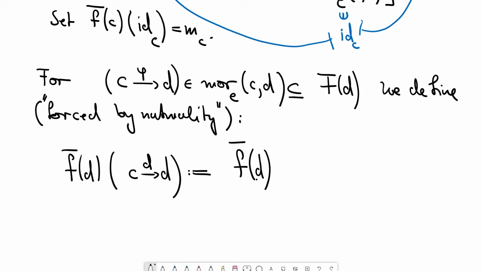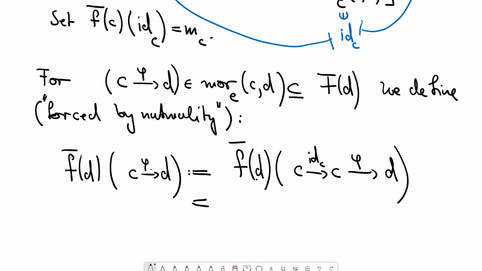So now let me write this element in a complicated fashion. Sorry, this should be phi, not D. Okay. Just writing it in a complicated fashion.